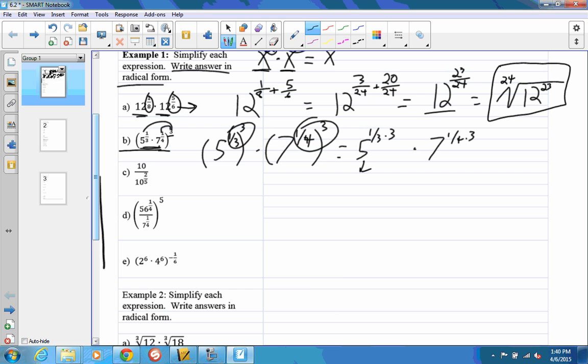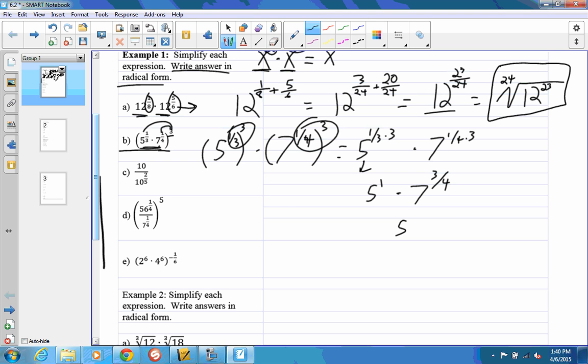Okay, continuing. 1/3 times 3. Yeah, 5 to the first. And then 7 to the 1/4 times 3, guys. What's 1/4 times 3? 3 over 4, right? This 5 to the first is just 5.